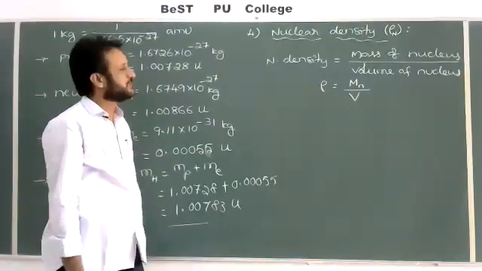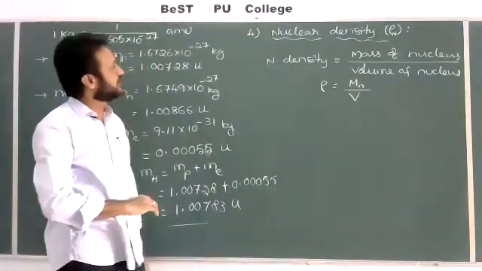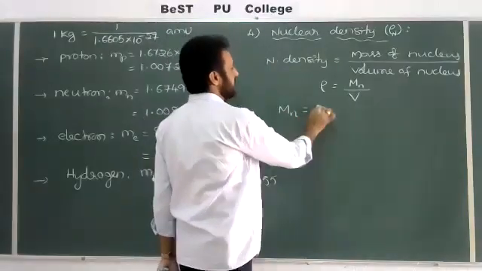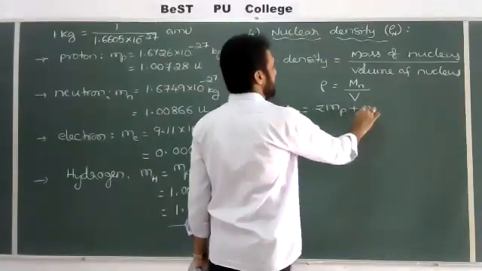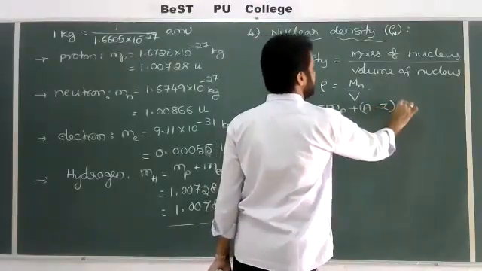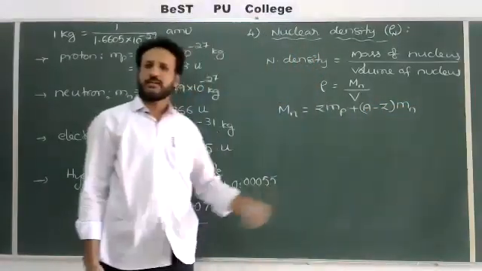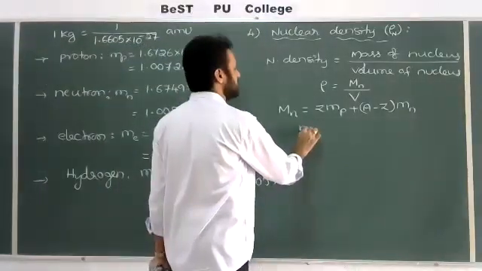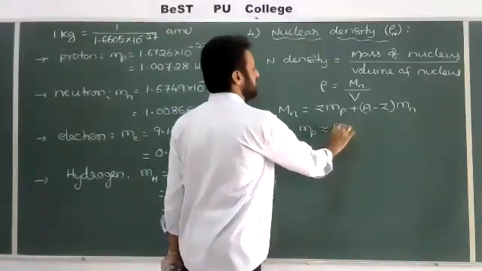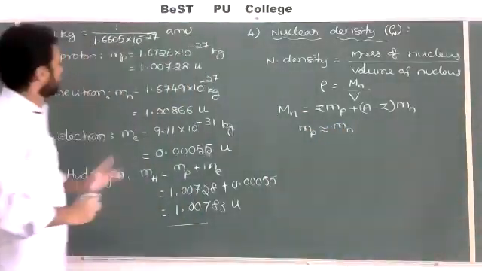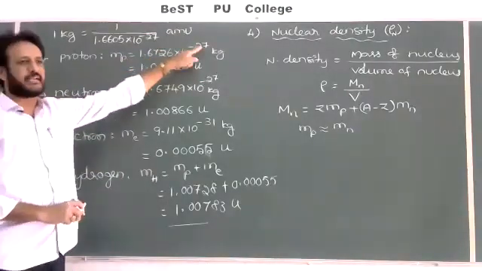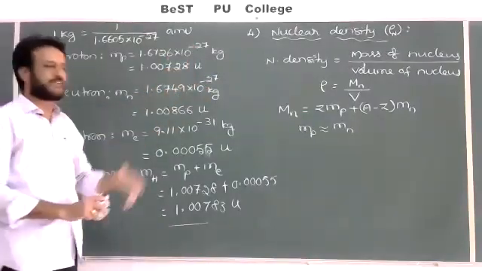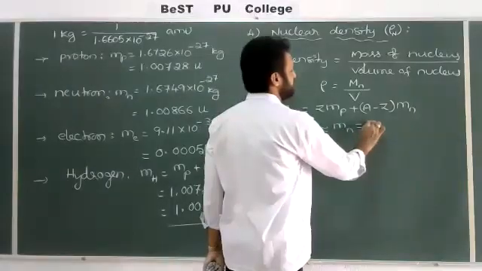But how to find the mass of the nucleus? I have already given it in the previous third point. Mass of the nucleus is equal to Z mp plus (A minus Z) into mn. It is the mass of the protons plus the mass of the neutrons. But the mass of the proton and the mass of the neutron are nearly equal. Check here, if you observe carefully, 1.6726 into 10 power minus 27, 1.6749 into 10 power minus 27, almost both are equal. So I am writing both as m.